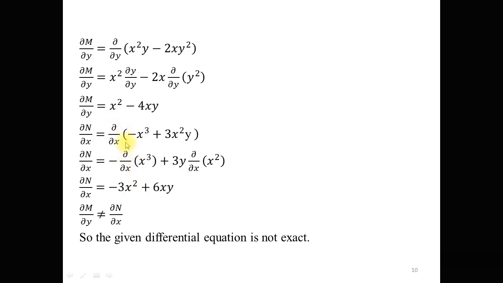You see over here the partial derivative of x cube with respect to x is 3x square, and the partial derivative of 3x square y is 6xy using the power rule. So dear students, note that this is the partial derivative of M with respect to y, and this is the partial derivative of N function with respect to x. These two are not equal, so the given differential equation is not exact.